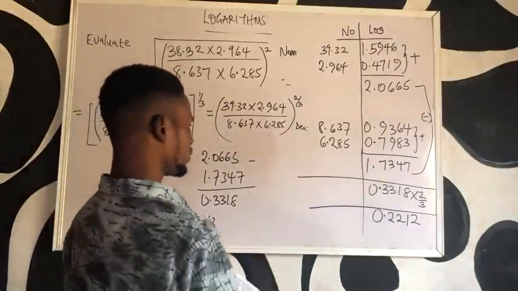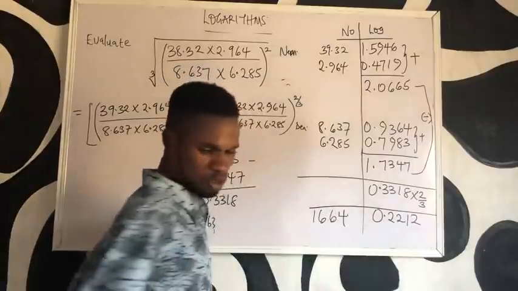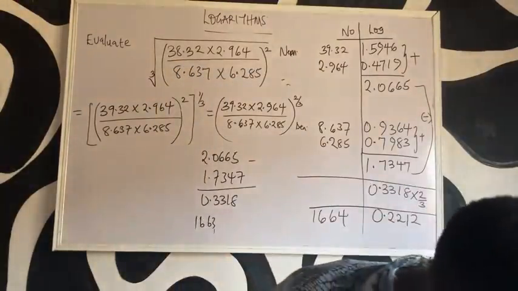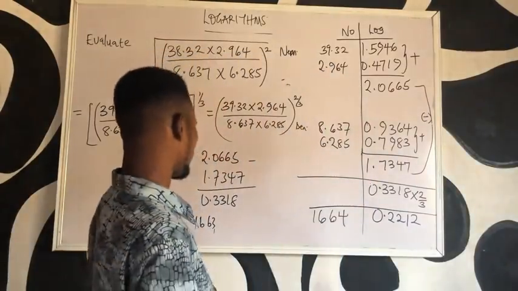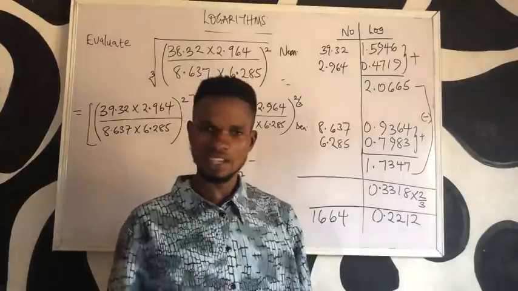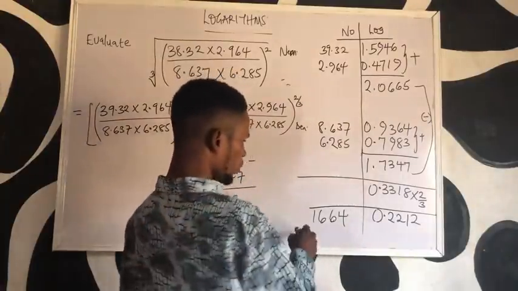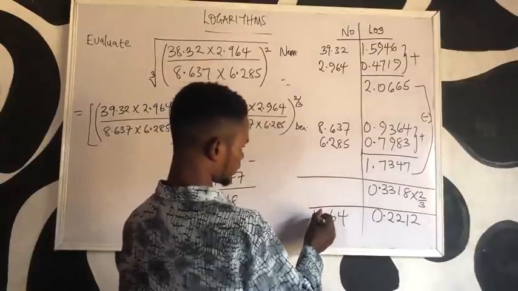That's 1664. So we have 1664 as the result. But here, the integer part is 0. That's 0 plus 1. This value 1.